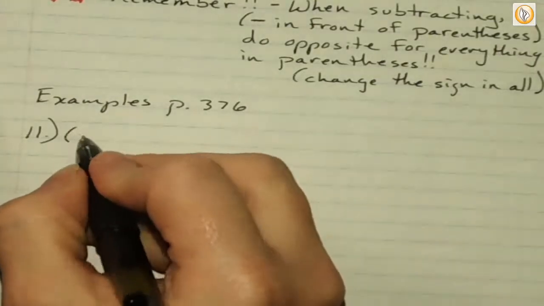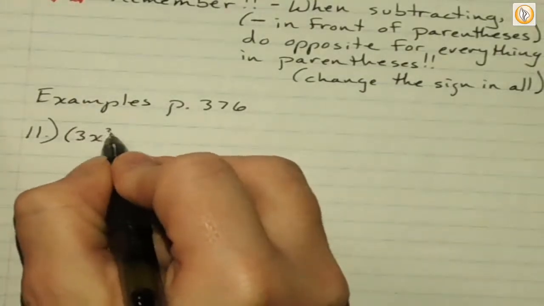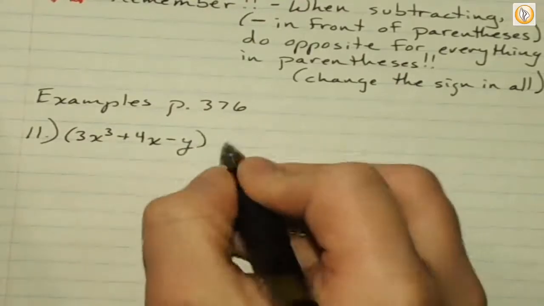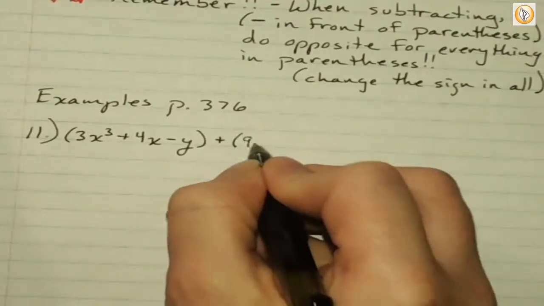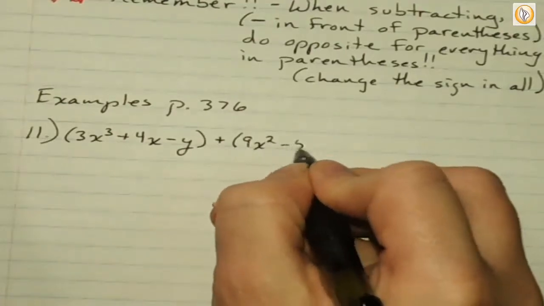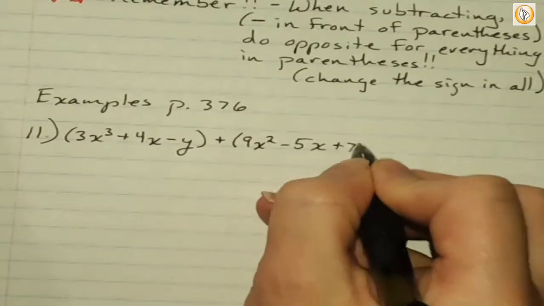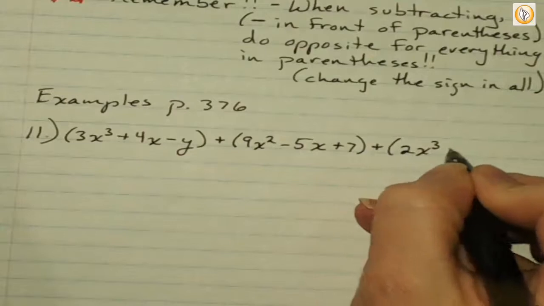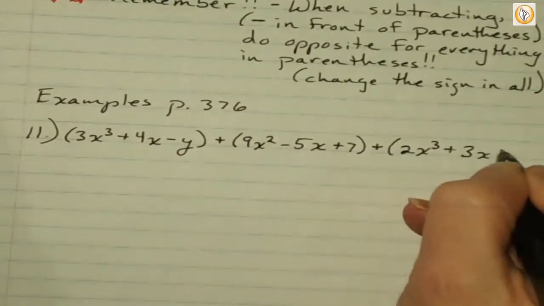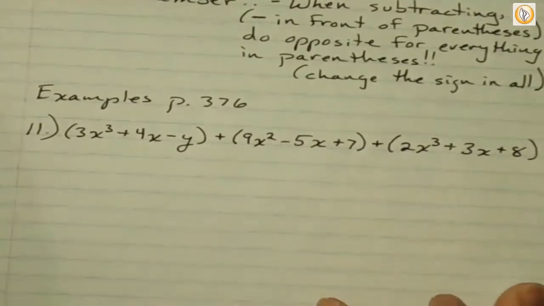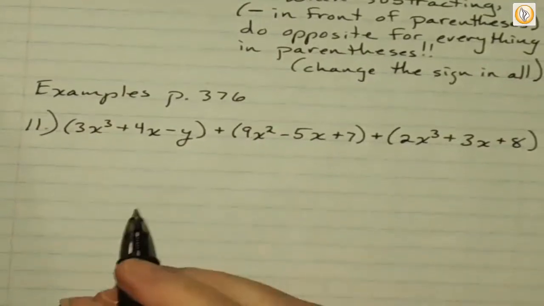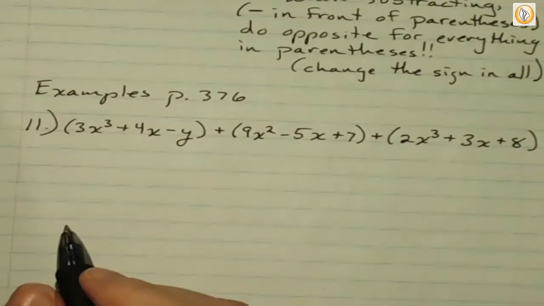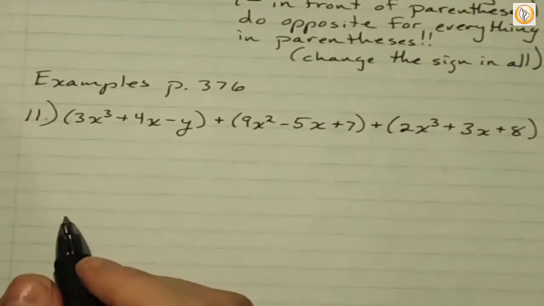Number 11 is 3x cubed plus 4x minus y plus 9x squared minus 5x plus 7 plus 2x cubed plus 3x plus 8. Make sure you have this written down. If you can't read it from the board, you've got it in your book.